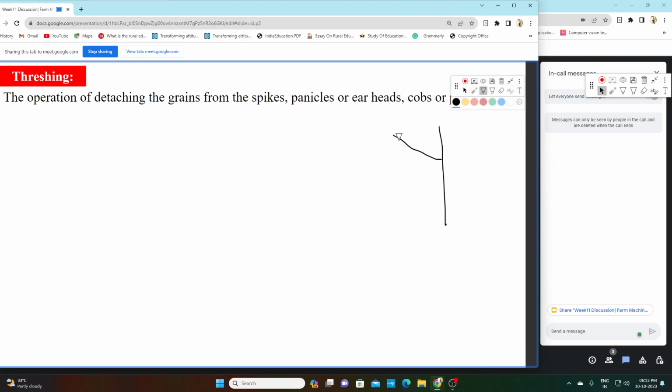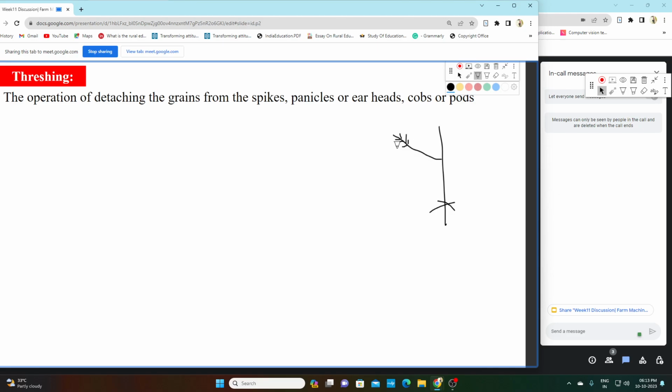In the stalks of rice and paddy, you can see the grains are in position like this. When we are talking about harvesting, we are only cutting the stalks from the plant. But our paddy seeds are not separated from the husk or this small stalk. Our paddy seeds are not separated yet.